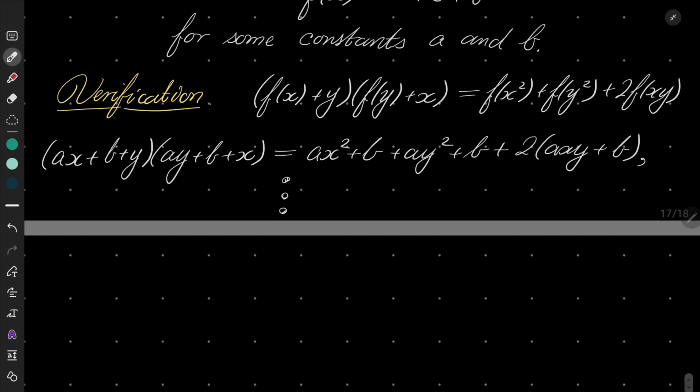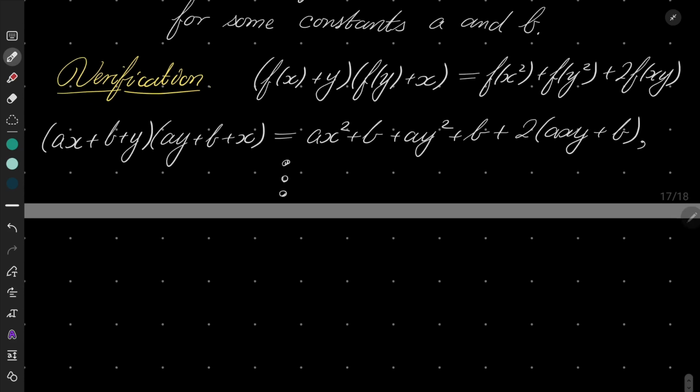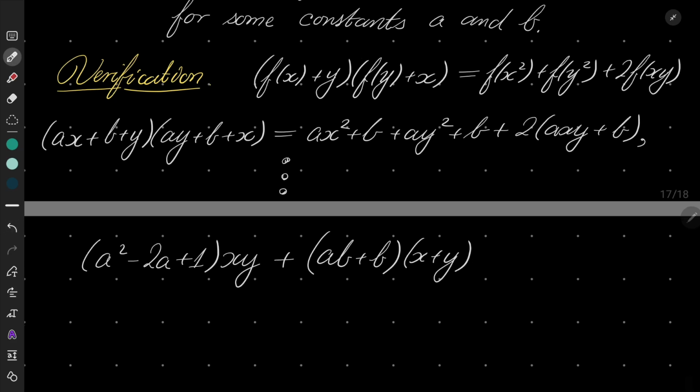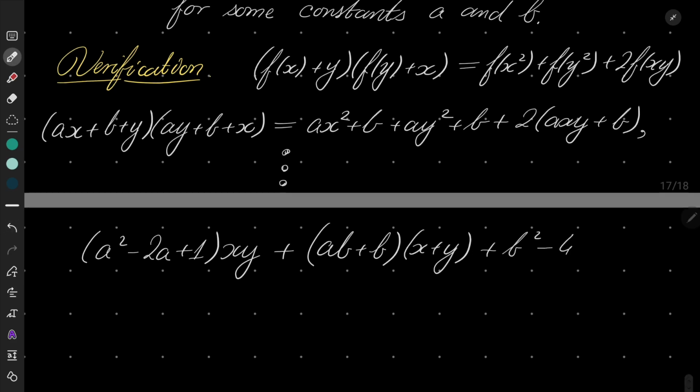I will do a leap here, and after simplification we will get (a^2 - 2a + 1) times xy plus (ab + b) times (x + y) plus b^2 minus 4b should be equal to 0 for every real x and y.